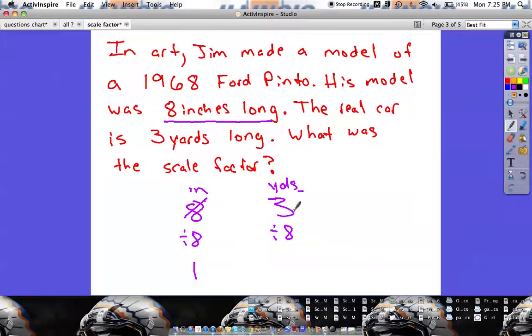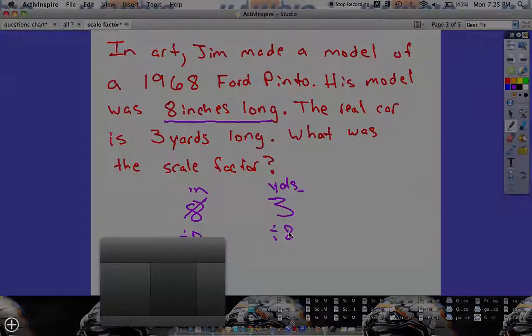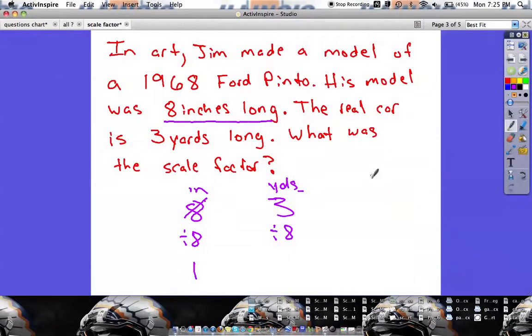There's 3 feet in a yard, and that's still not going to come out very evenly. So we can do 3 yards divided by 8. I might want a calculator, but we'll just do the work on the board. That'd be fine.